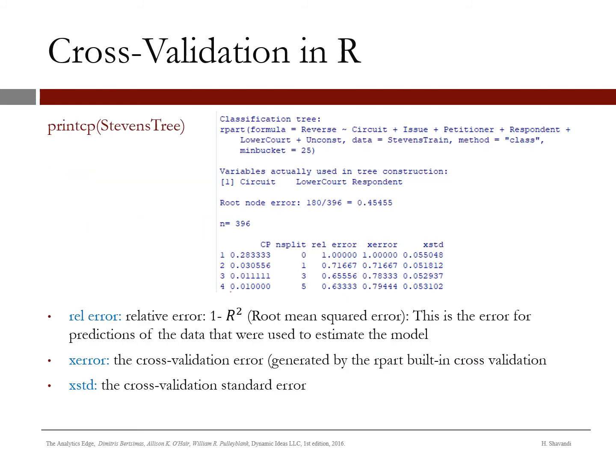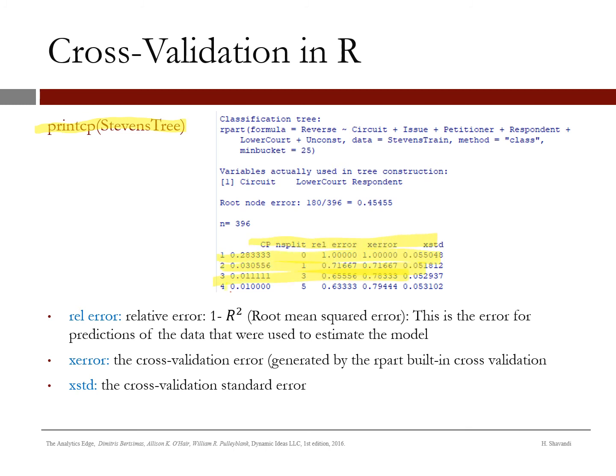So here in R, by the command printcp of the Stevens tree, we can have the analysis over the cross-validation. Usually by default R considers 10 folds, so these results are based on the average over 10 folds.